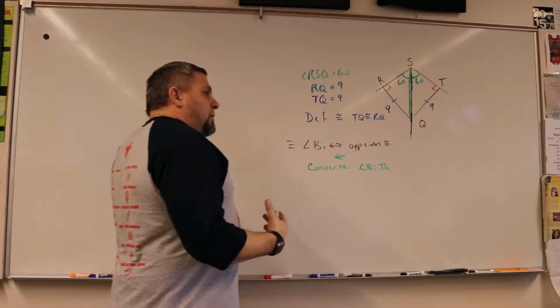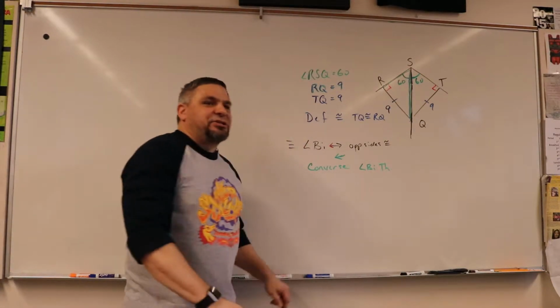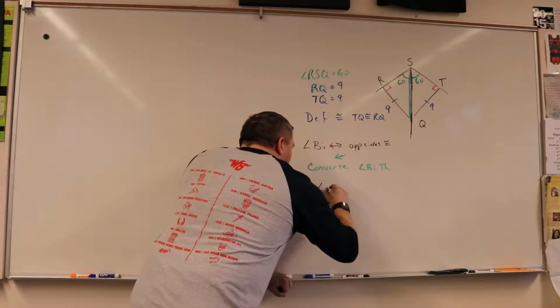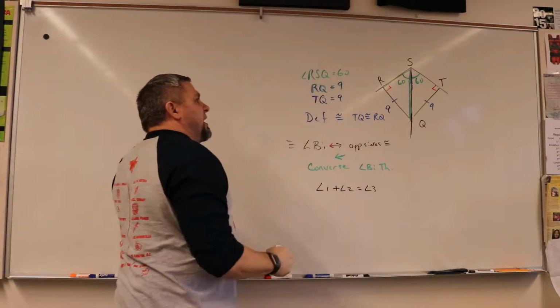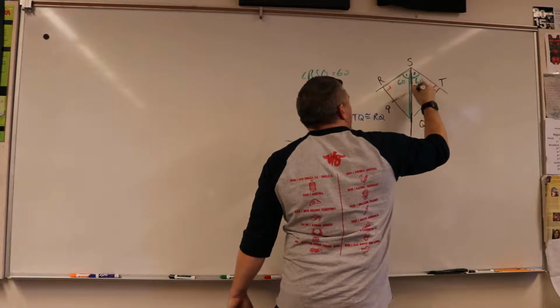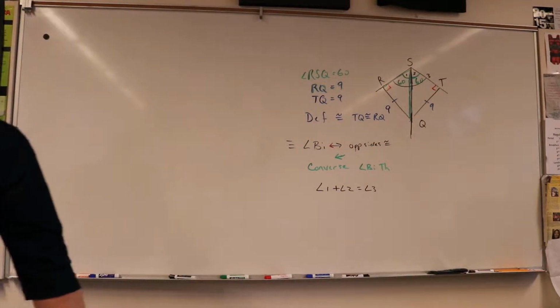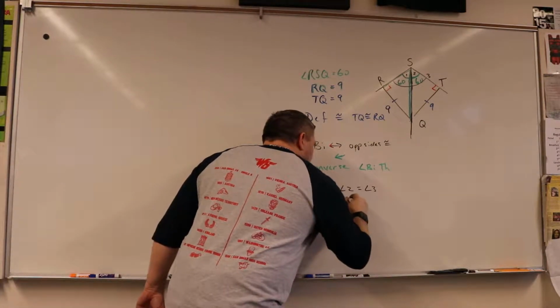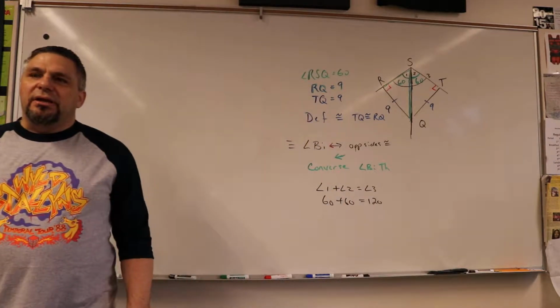Okay? And then if you remember way back to chapter 1, that angle 1 plus angle 2 is equal to angle 3 if you have 1, 2, and 3. Remember that? So that means that 60 plus 60 should equal 120.